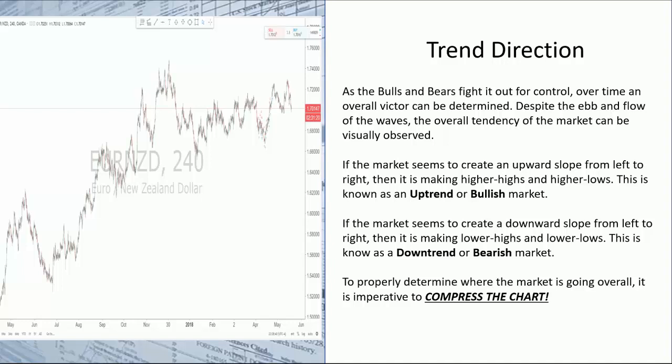This particular type of market is known as an uptrend or a bullish situation, just like what you have pictured here on the left. The market is generally moving in an upward direction from left to right, slowly but surely climbing to a higher and higher price point. Now, if the market's doing the opposite and it's moving in a downward slope from left to right, it's making lower highs and lower lows. This is known as a downtrend or bearish market instead.